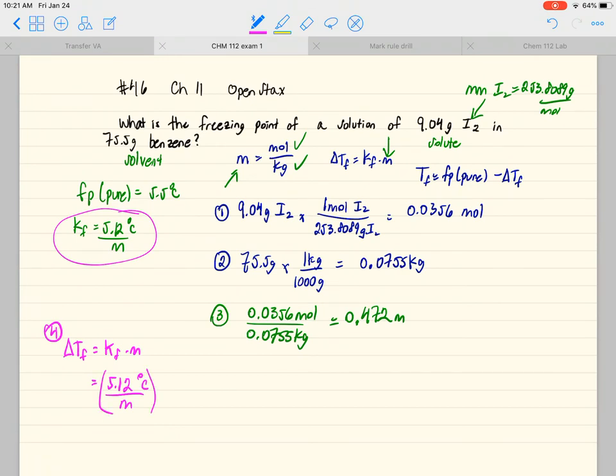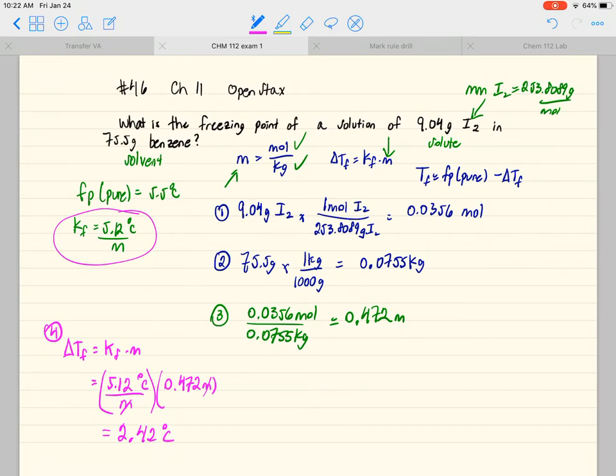And we multiply that by our concentration, okay? And the molality cancels, and we get a value of 2.42 degrees Celsius.